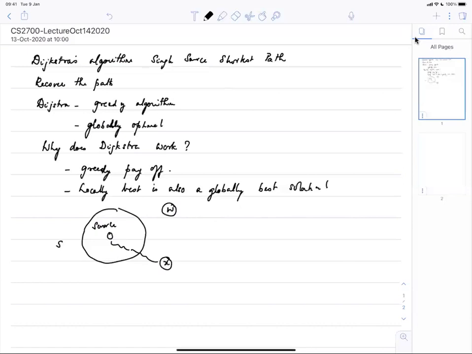So we are interested in the distance of W from S, which is outside S. Okay.